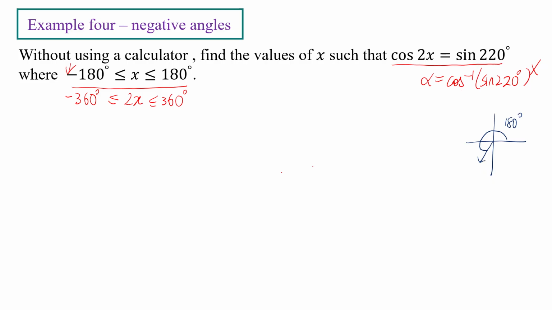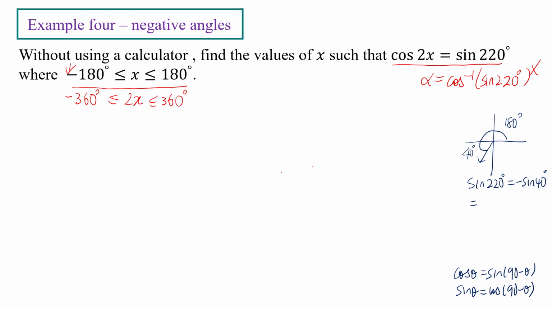220 is 180 plus 40. So sine 220 is actually equal to negative sine 40. And if you recall your complementary angle, cosine theta is equal to sine of 90 minus theta, and sine theta is equal to cosine of 90 minus theta.